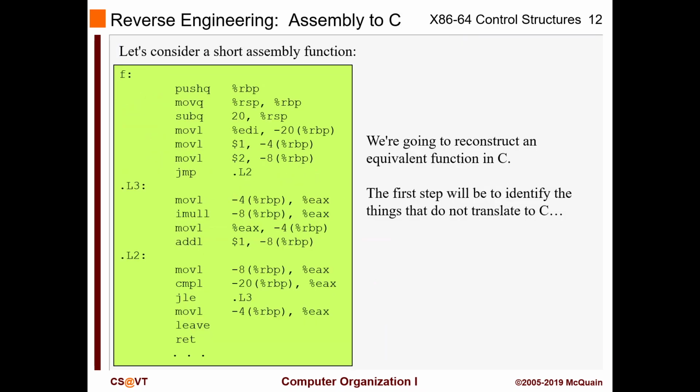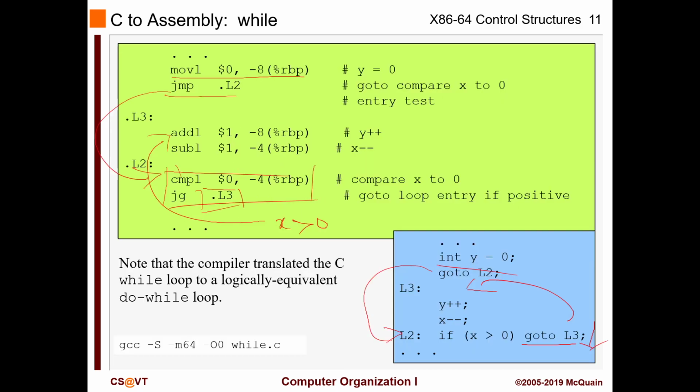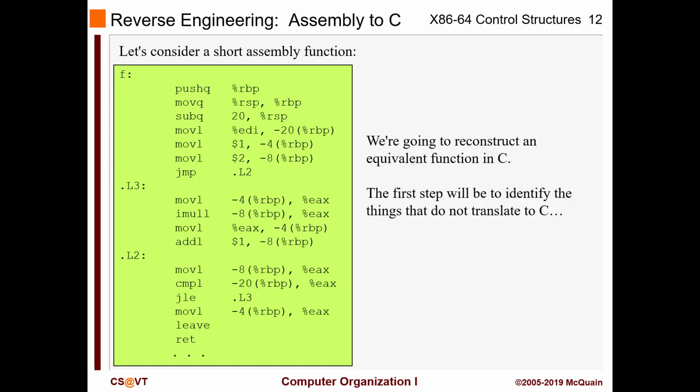Then from the next video we'll be taking a look at how to convert assembly code into C. We have been seeing something like that over here and in the previous examples, and this one is going to be a more extensive version. So I'm going to stop this video here and continue in the next video.